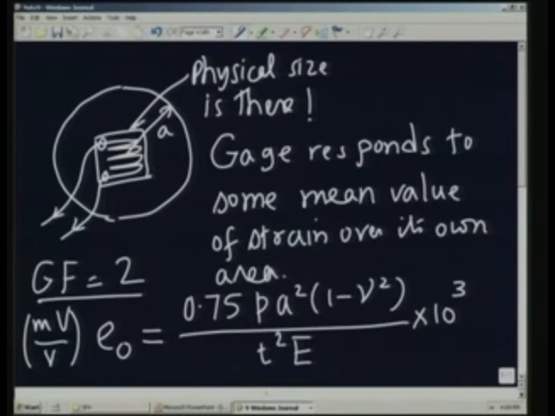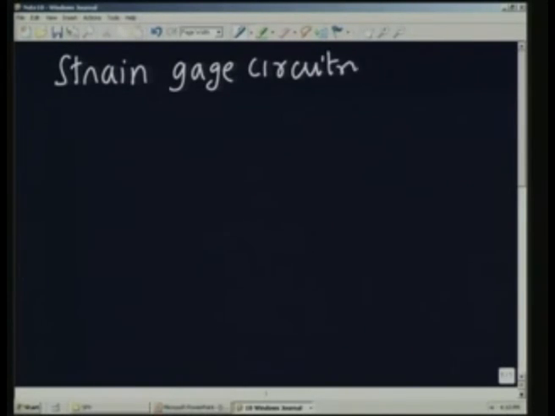Now, before we take up the example, I will look at the way we are going to use the strain gauge in a circuit. I will just discuss a few elementary things, and then of course, we will continue it in the next lecture.